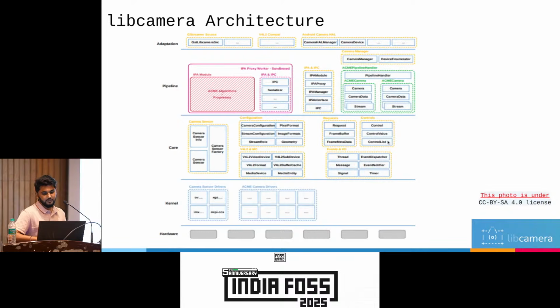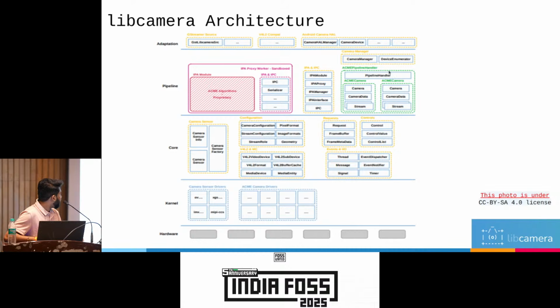In libcamera, whatever blocks you see here in yellow are the device agnostic blocks, meaning they don't depend on your underlying hardware. The block in green, the pipeline handler, is device dependent.